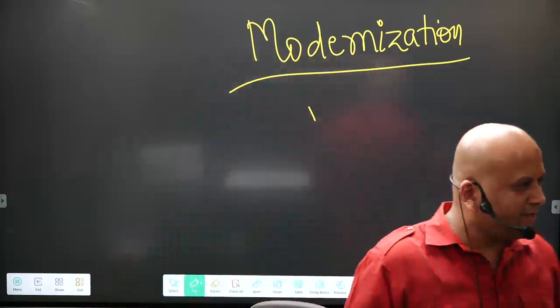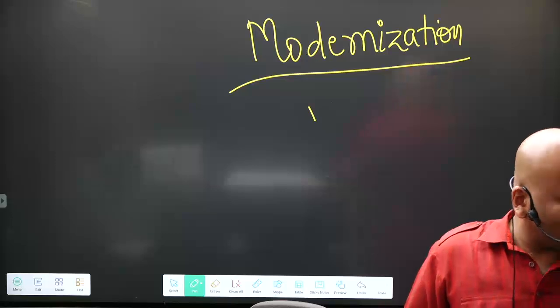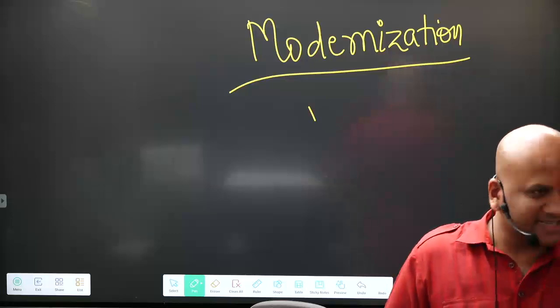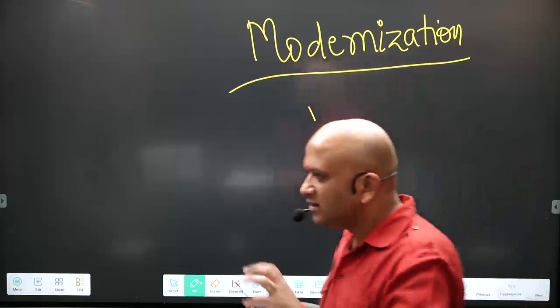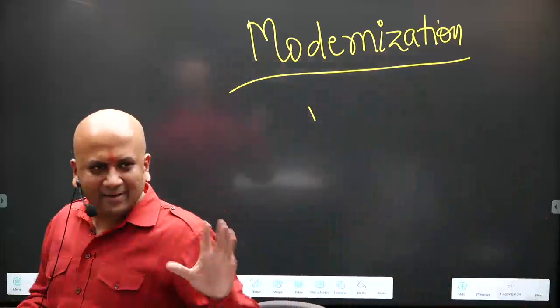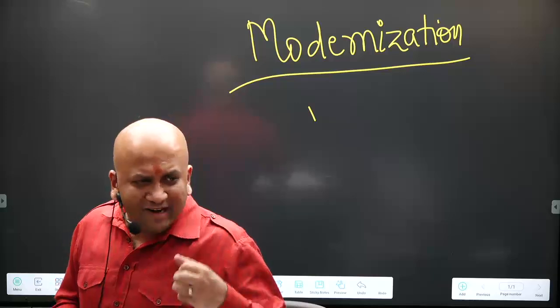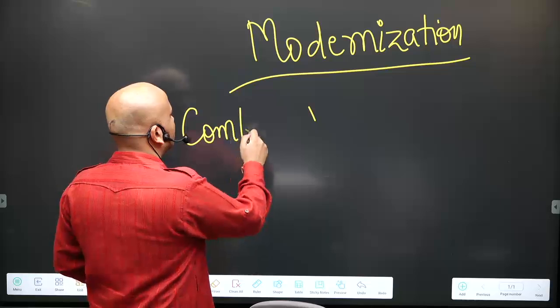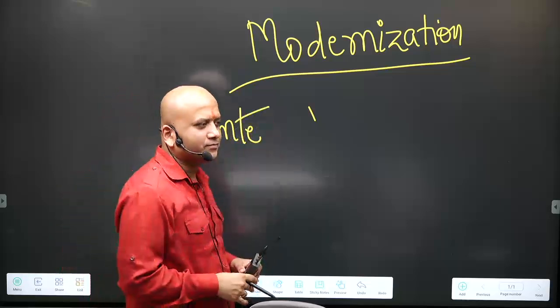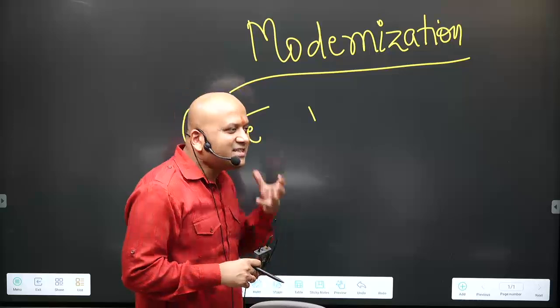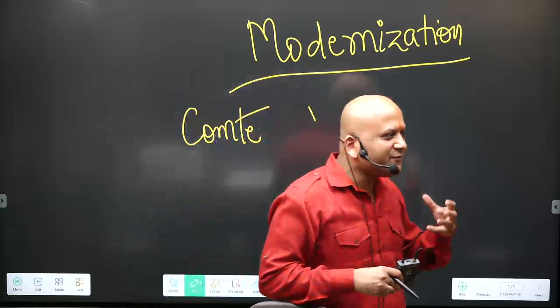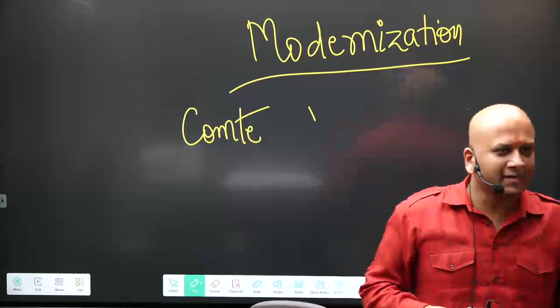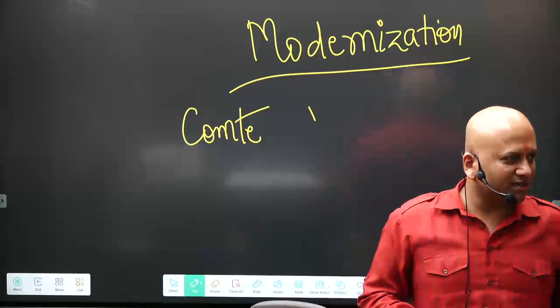So different founding fathers have analyzed this process of modernization as follows. For instance, and you know it already, I'm just recapping it. We've already studied it. For Comte, what is modernization? Scientific thought and scientific explanations becoming dominant in social life.